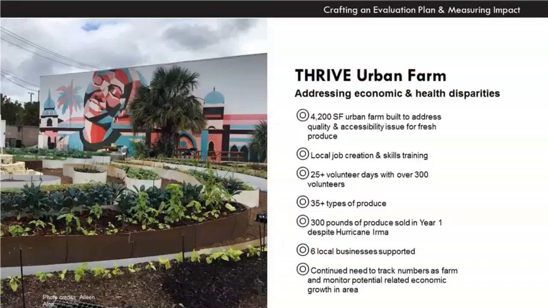So the project I'm going to talk about here is the Thrive Urban Farm. And so this was an abandoned lot just on the side of where the street painting happened. And we were able to purchase it and turned over 4,000 square feet into a working urban farm in a little under a year.